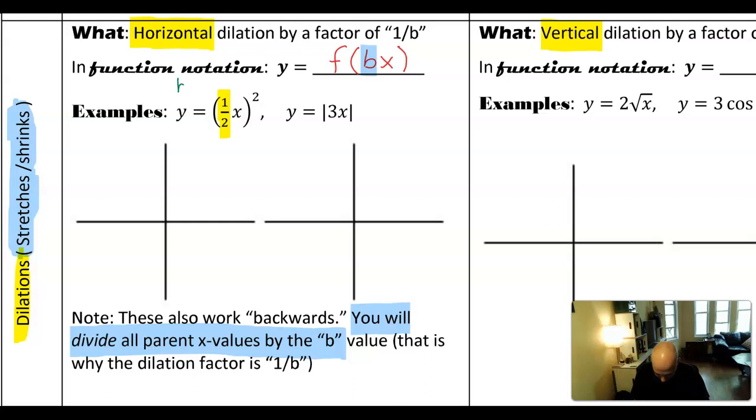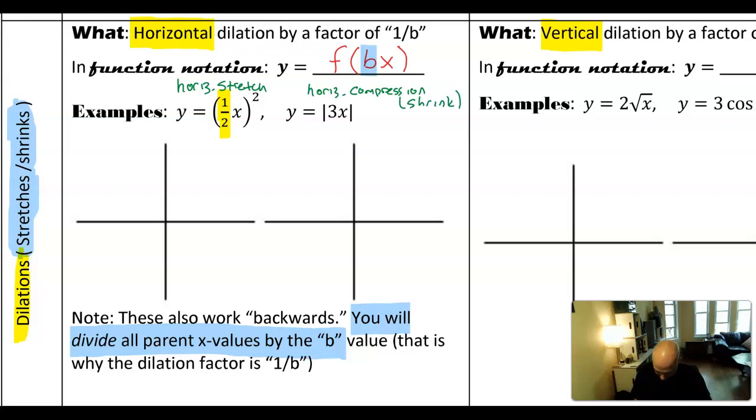This is actually a horizontal stretch. And 3x, you might think, well, that's going to be a stretch. This is actually a horizontal compression, or a shrink, in that less formal language.